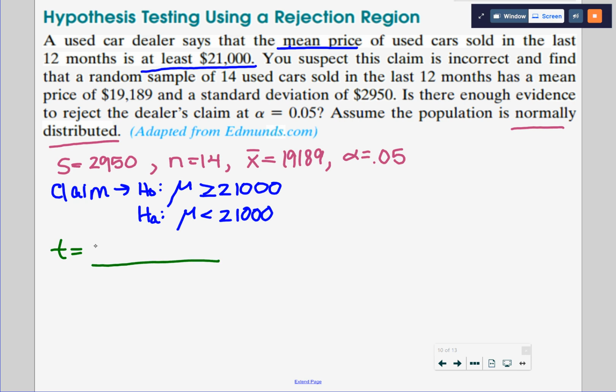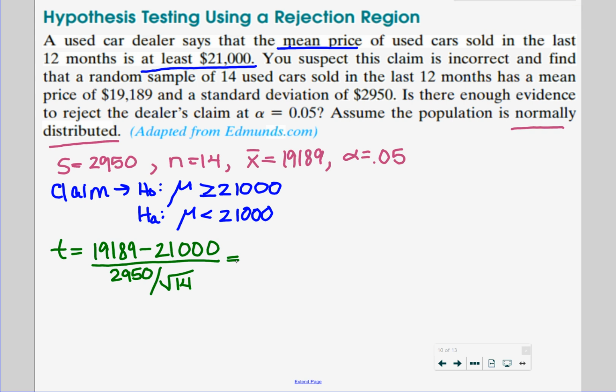So x bar, 19,189, minus the mu that's being tested for the population mean, 21,000, divided by your standard deviation, 2,950, over the square root of your sample size, 14. And we can do 2 decimal places on this, that would be fine.